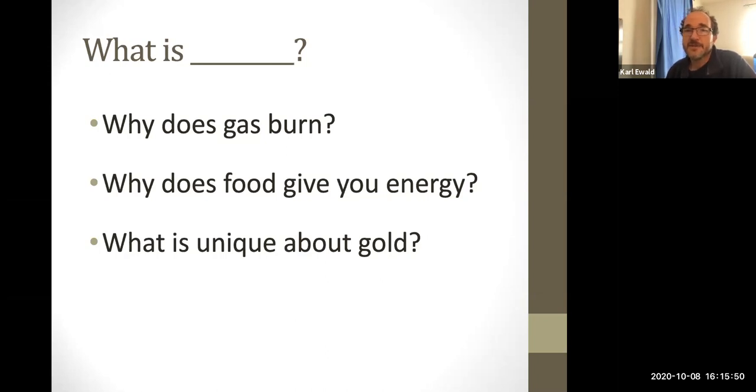The same thing happens inside our bodies when we eat food. We need energy. When you hear the word calorie, that's literally a measure of the energy contained within that food. Then your body goes through a chemical process. Well, it's not just your body, it's all the bacteria in your belly and all the things going on there.